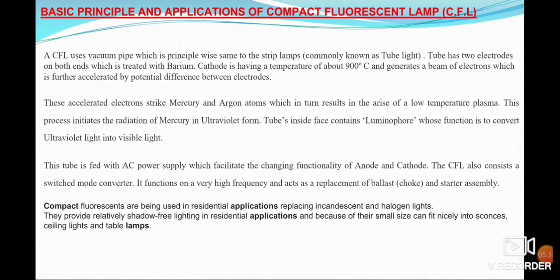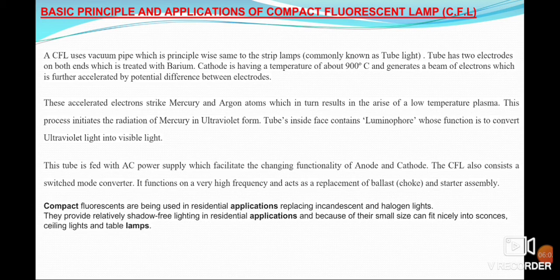The tube's inside face contains luminophore, whose function is to convert the ultraviolet light into visible light. This tube is fed with AC power supply, which facilitates the changing functionality of anode and cathode. The compact fluorescent lamp also consists of a switched mode converter.